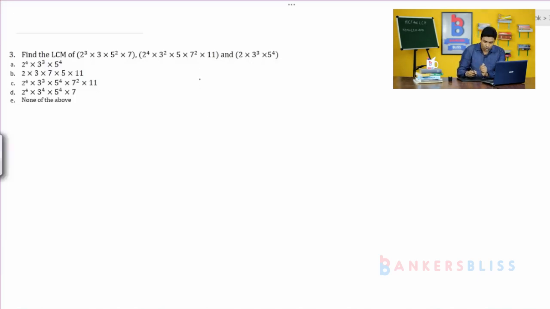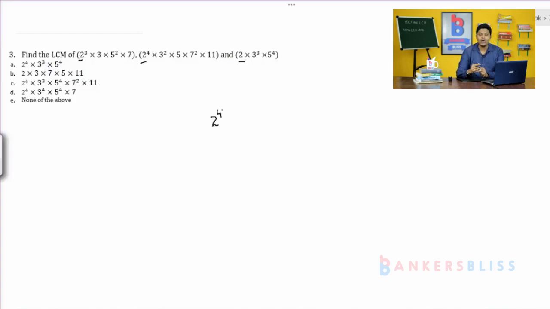See here, 2 cube, 2 power 4 and 2. Which number we have to consider? If it is HCF, then we have to consider 2. It is LCM, so we have to consider 2 power 4.